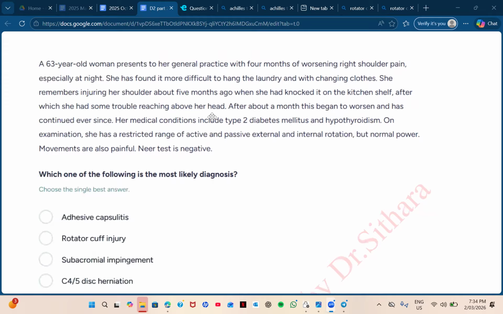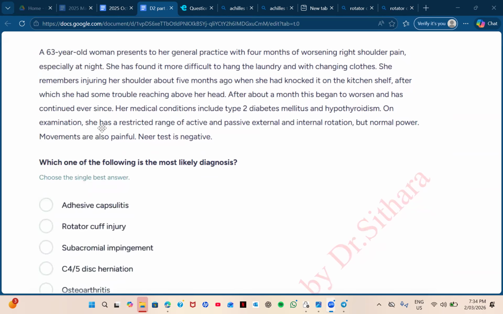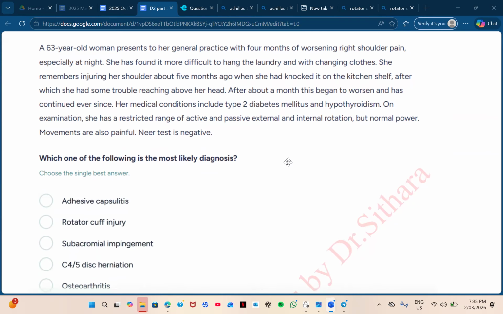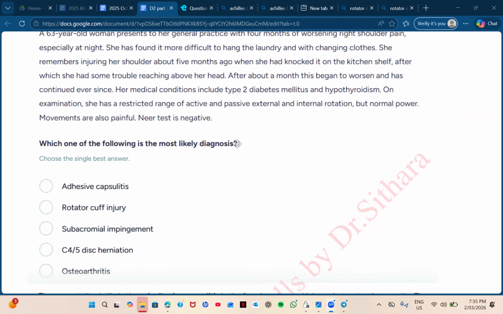Medical conditions include type 2 diabetes and hypothyroidism. On examination, she has restricted range of active and passive external and internal rotation, but normal power. Movements are also painful. Neer test is negative. Which one of the following is the most likely diagnosis?